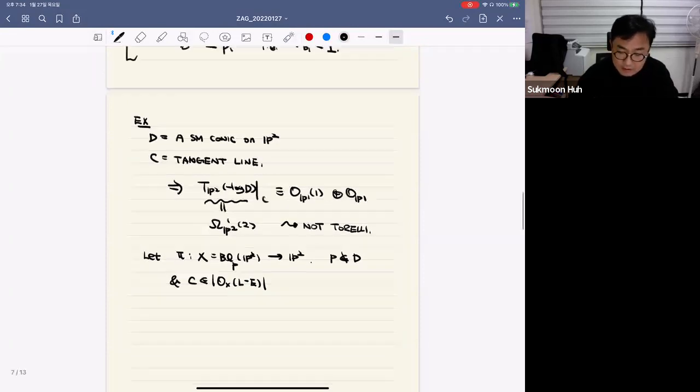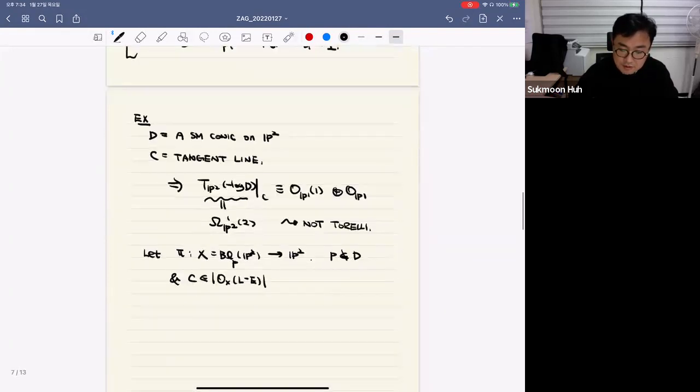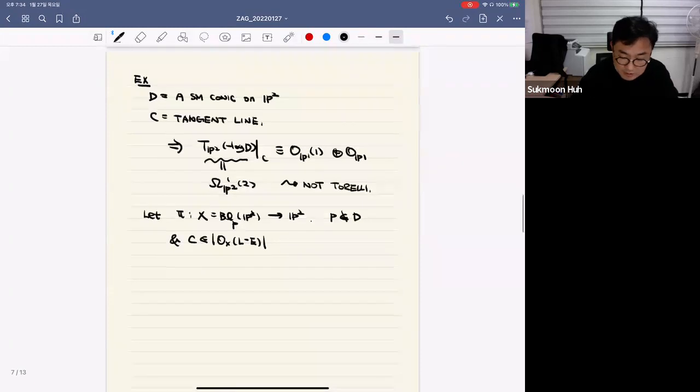Okay. Then apply this key lemma to the logarithmic tangent bundle associated to the strict transform of D. So let me write it down. We consider the logarithmic tangent bundle of D tilde, where D tilde is the strict transform of D in X. And then we restrict this logarithmic tangent bundle to C. Then it turns out that we have two different splittings.